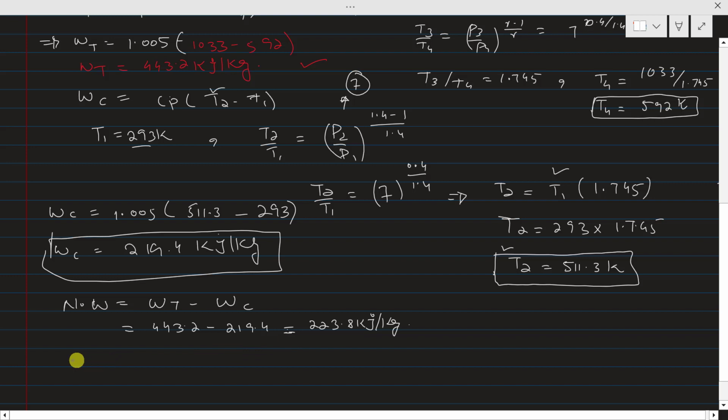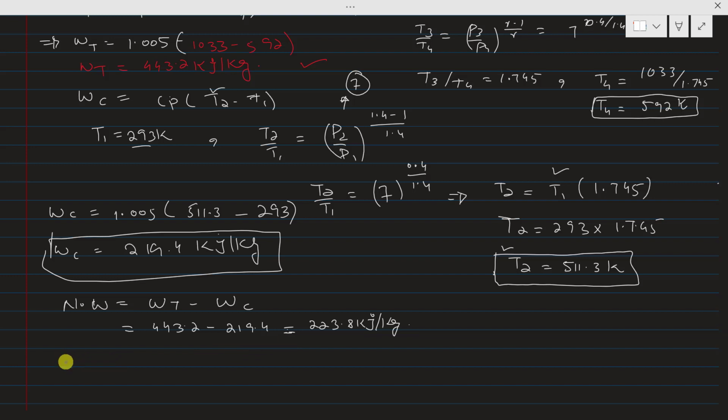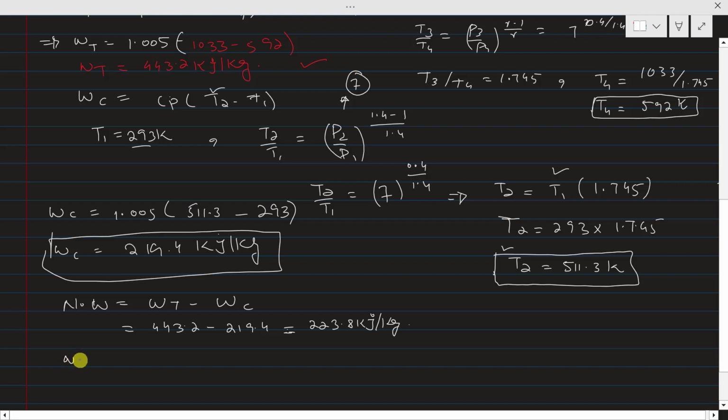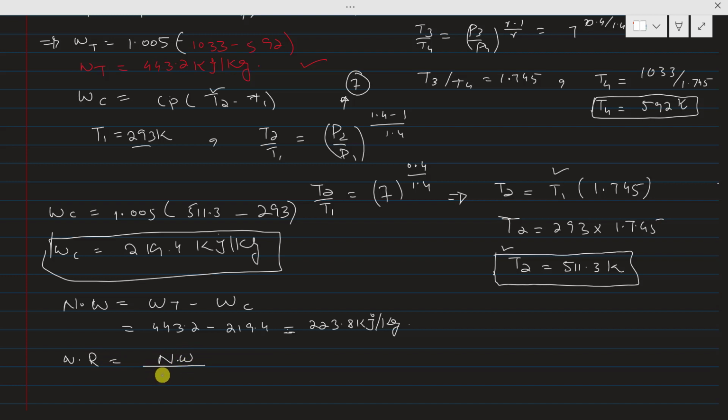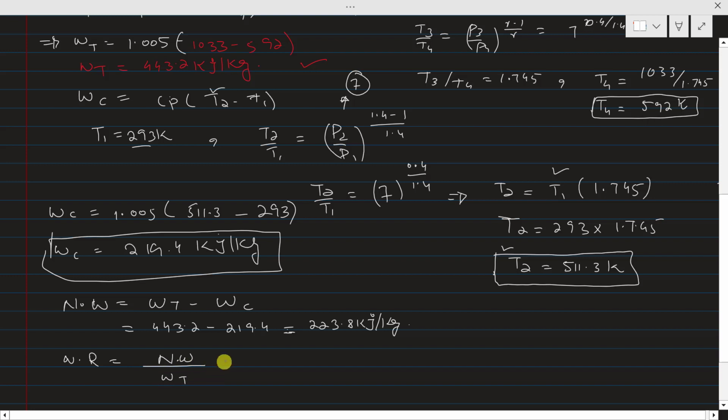So what is the work ratio? We are about to near the end. So the work ratio is equal to the net work divided by the gross work, or the work done by the turbine.